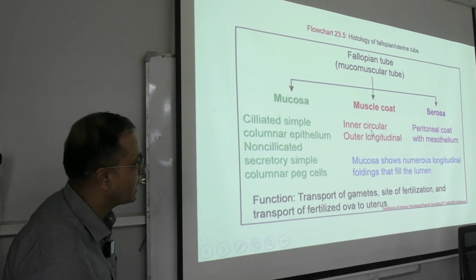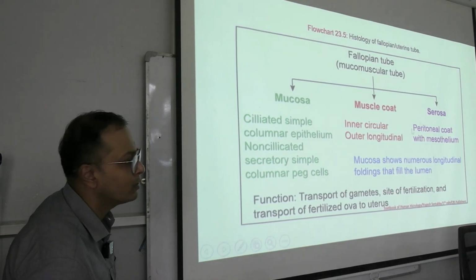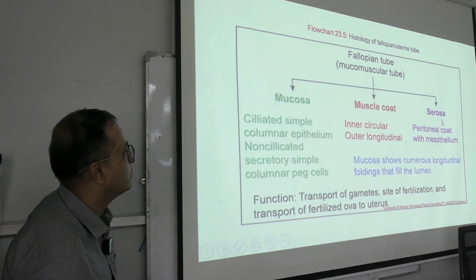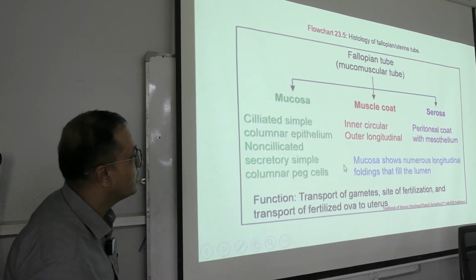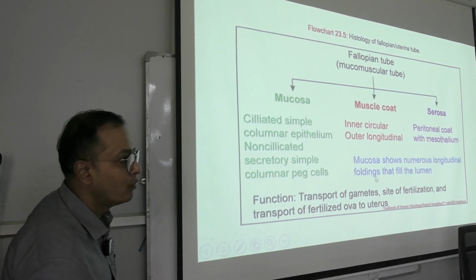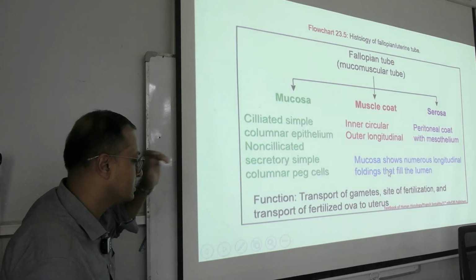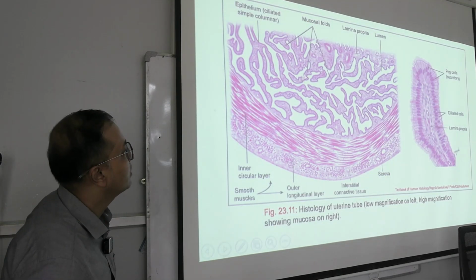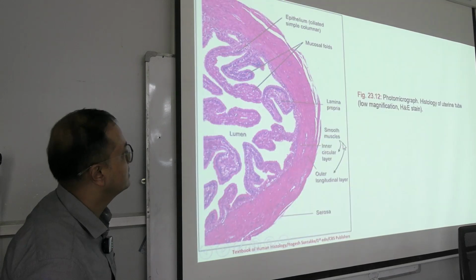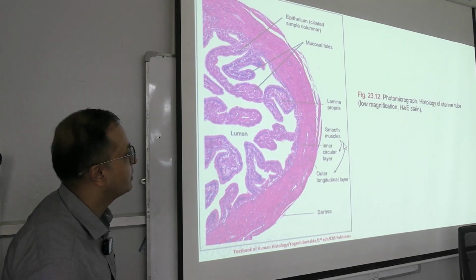Then the muscle layer has two layers, inner circular and outer longitudinal, and then the serosa. The hallmark is that the mucosa forms longitudinal or finger-like folds, looking like a fern pattern. This is how we identify the fallopian tube.